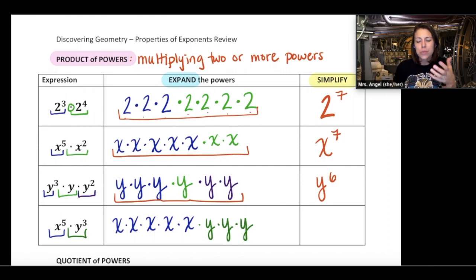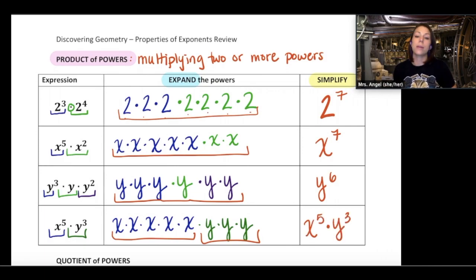So you can't write a product as a single power unless you're continuing on multiplication with the same base. So because these are two different bases, I have to keep these as two separate powers. In other words, there actually is no simplifying that can be done here. I have 5 x's, which is x to the power of 5, and I've got 3 y's, which is y to the power of 3.